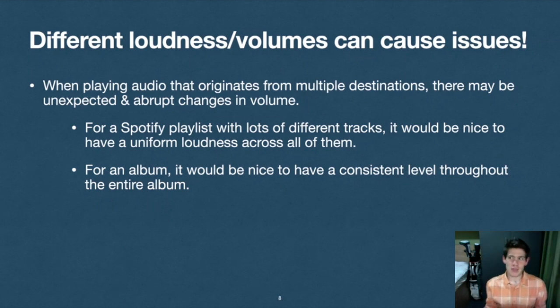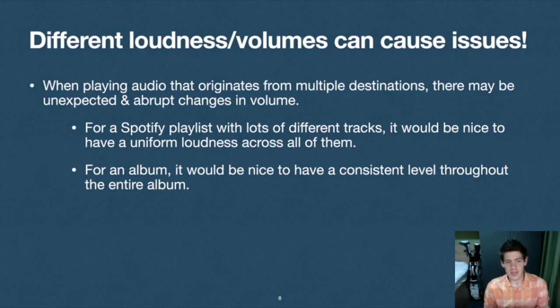For example, if you played Levels by Avicii, which is minus 8 dB RMS, straight after Grieg at minus 40 dB RMS, you're probably going to have to manually adjust volume to compensate for the difference, which is really annoying. And also, it's just jarring and not a very nice user experience.